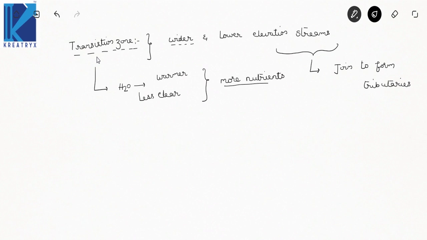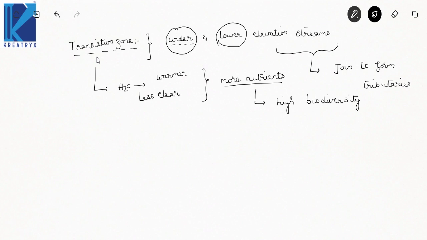Now already we have discussed this. Channels are wider in this zone, right? And the current flow of water is lower. And see here, it has more nutrients, so automatically there will be high biodiversity. Widely varied species can be observed in this transition zone.